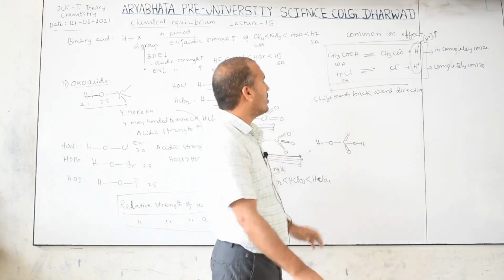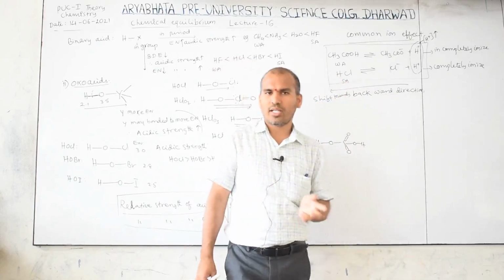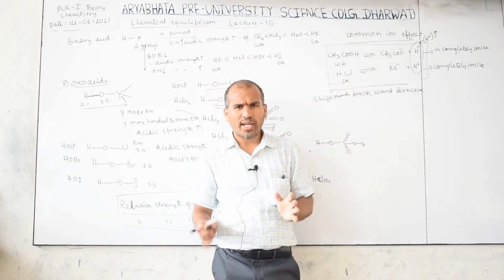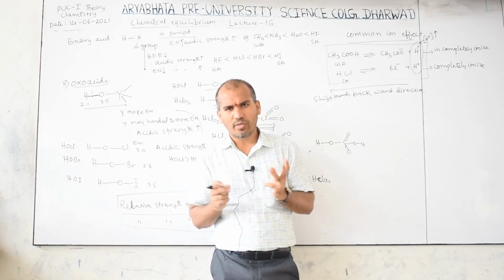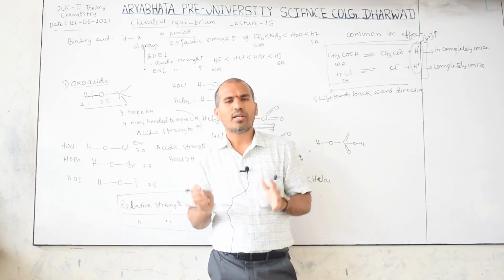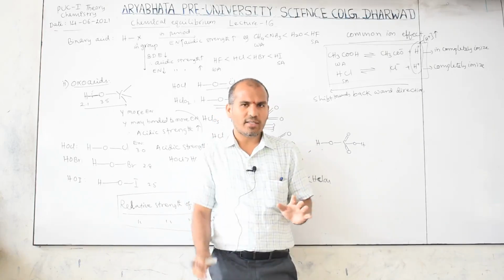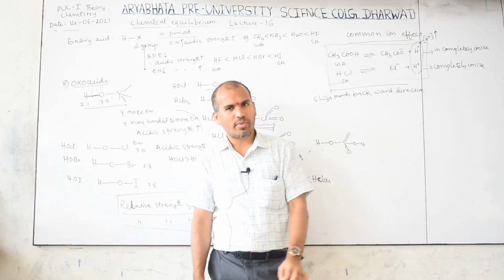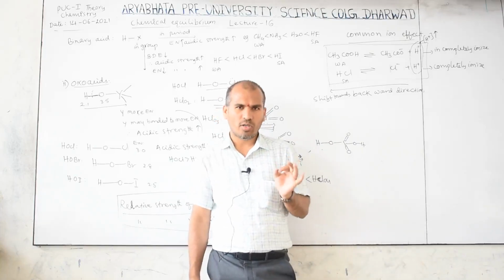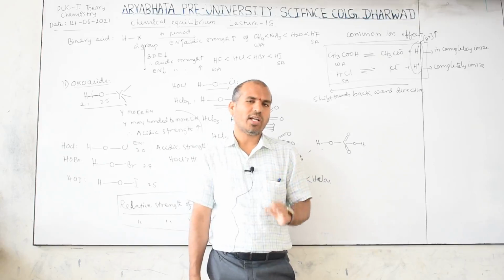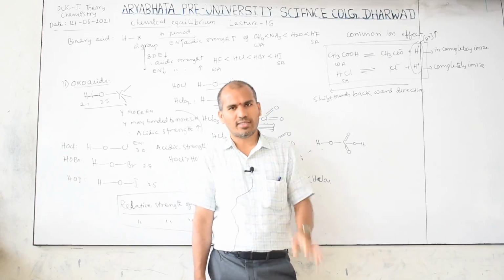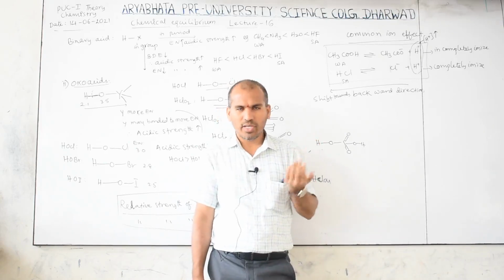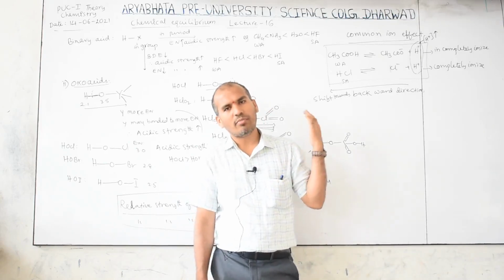In maximum cases the common ion is in the product and the reaction shifts backward. Okay. The other definition in other books: weak electrolyte solubility, weak electrolyte meaning weak base or weak acid. Weak electrolyte solubility will be decreased when a common-ion-containing strong electrolyte is added. Note down this point: weak electrolyte solubility decreases when a common-ion-containing electrolyte is added because the reaction shifts to the backward direction.